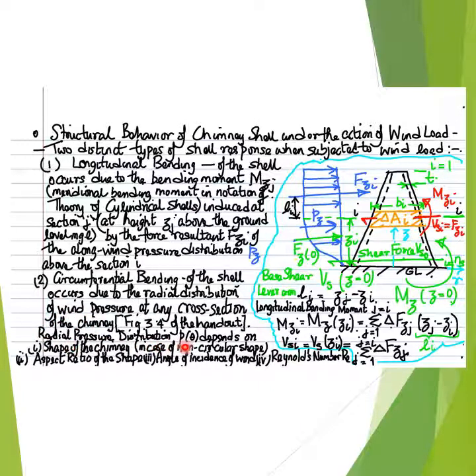The radial pressure distribution P, that is due to the wind pressure, is a function of theta, that is the angle of incidence or the angle with respect to the wind direction.